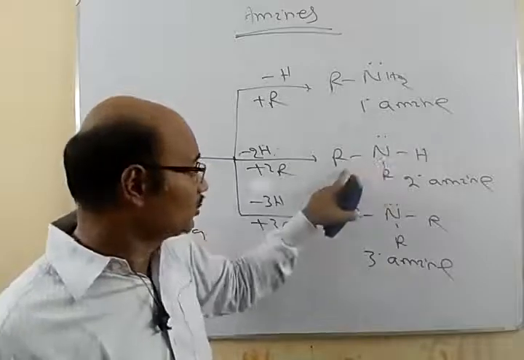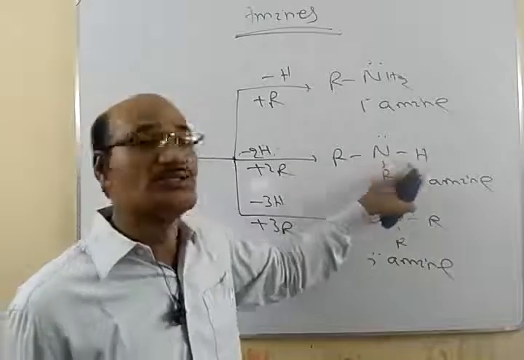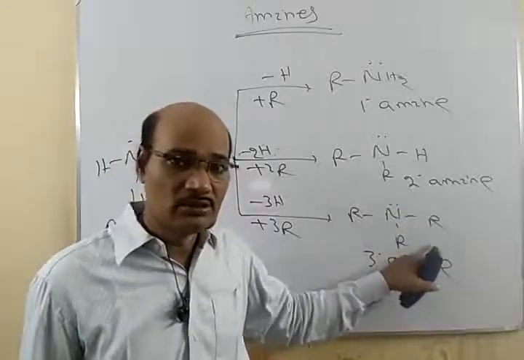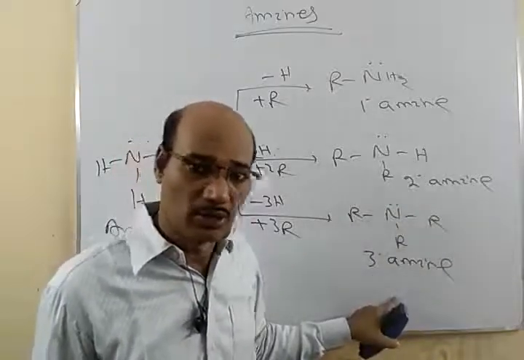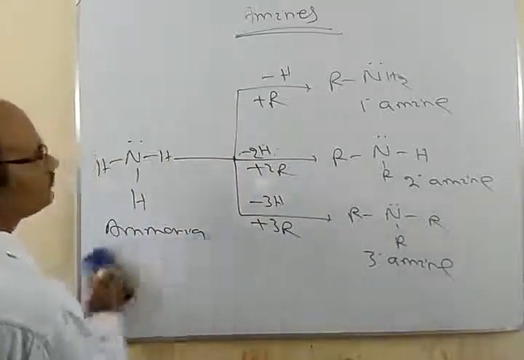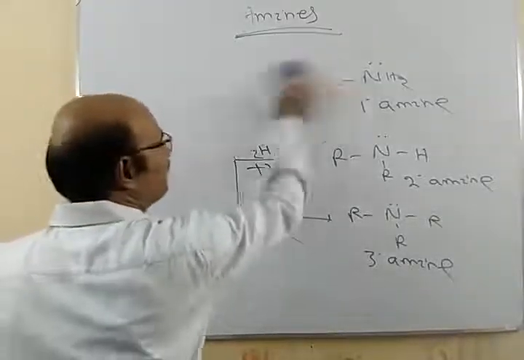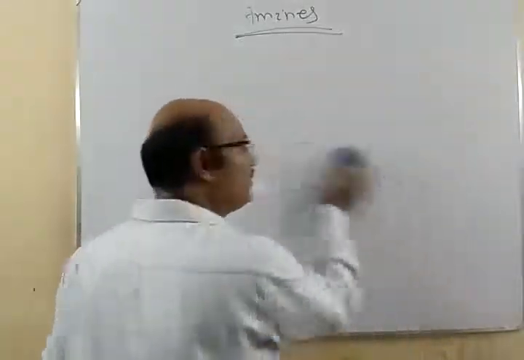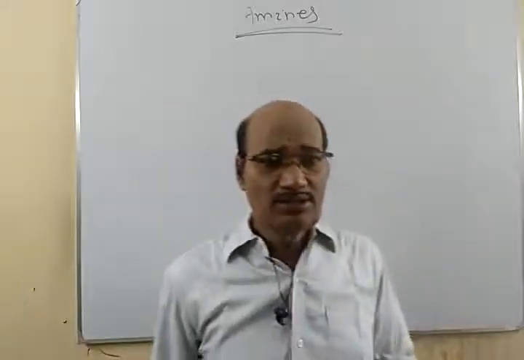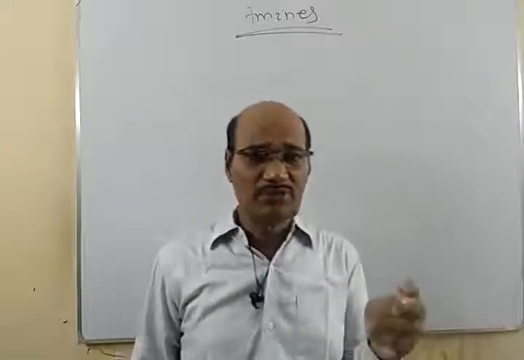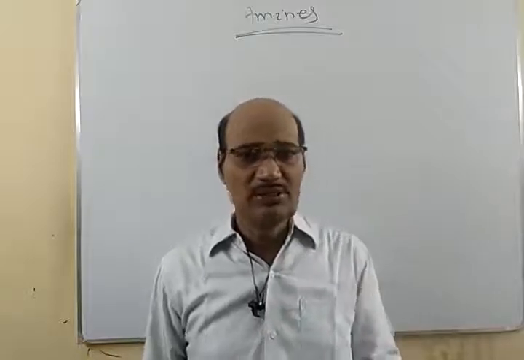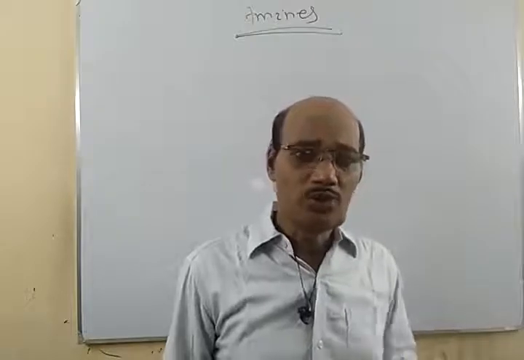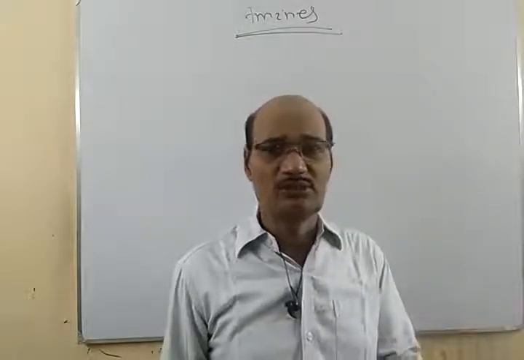If two alkyl groups are attached, R2NH, secondary amine, and if three alkyl groups are attached, it is called a tertiary amine. It is important to know the primary, secondary and tertiary amines, because their chemical behavior is different. That's why we have to know which is primary, which is secondary, and which is tertiary.